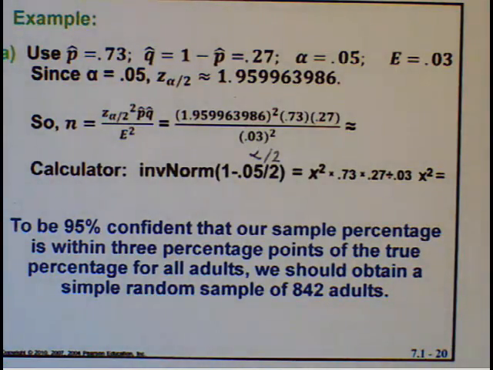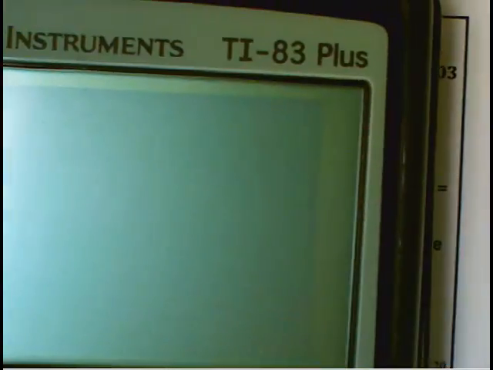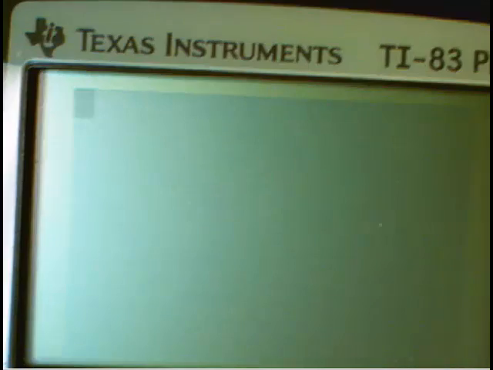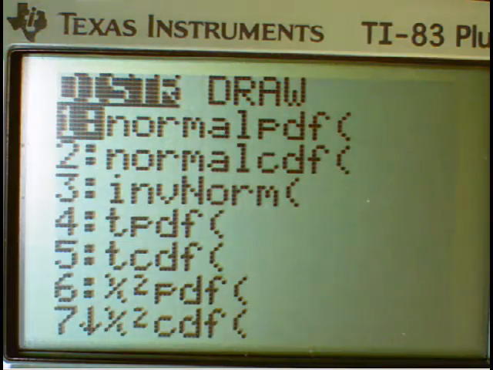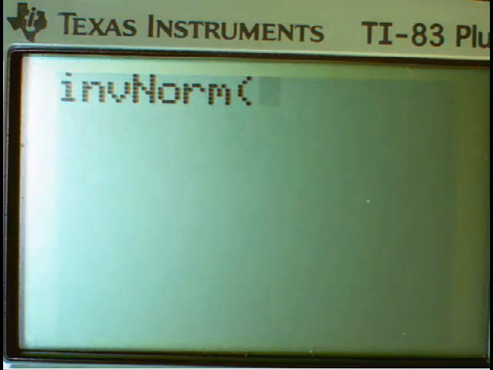Let me show you exactly what that looks like on the calculator, because this does take just a little practice entering on the calculator. Inverse norm is under my distribution menu, so second and VARS and number 3 pulls up inverse norm.